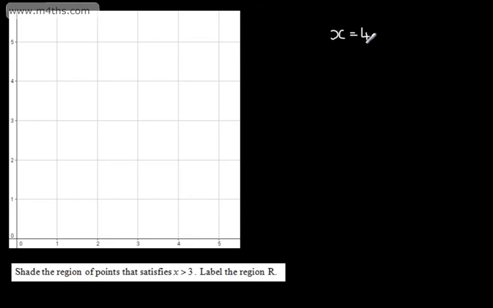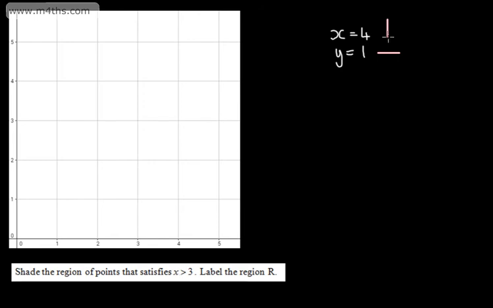So if we have x is equal to something, that is simply a vertical line. If we have y is equal to, for example, 1, we would just locate 1 on the y-axis and draw a horizontal line across. So when we have x, we're going to have a vertical line. When we have y, we're going to have a horizontal line.